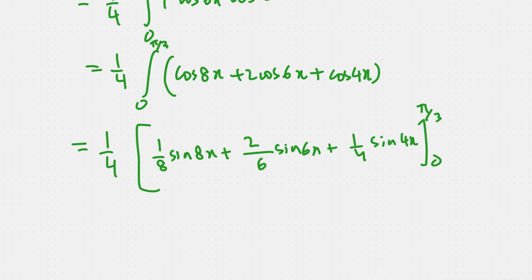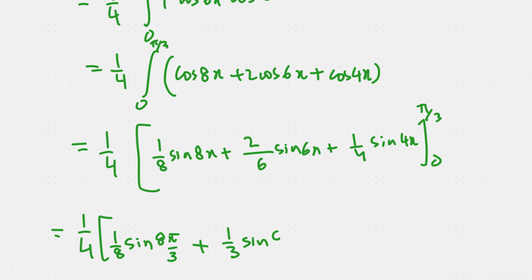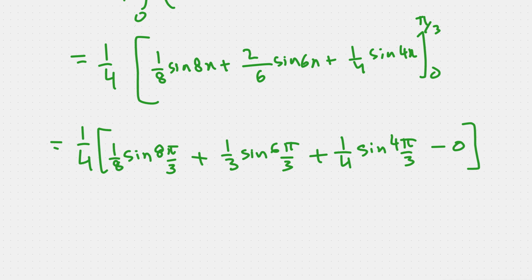So then putting in the values, 1 over 4, 1 over 8 sine of 8 pi over 3 plus 1 over 3 sine of 6 pi over 3 and plus 1 over 4 sine of 4 pi over 3 and minus 0, because all of them are 0 when x is 0 and sine 0 is 0.